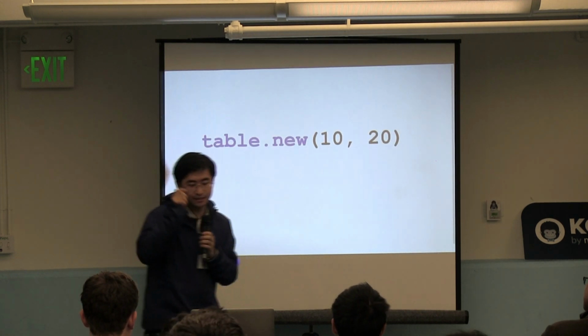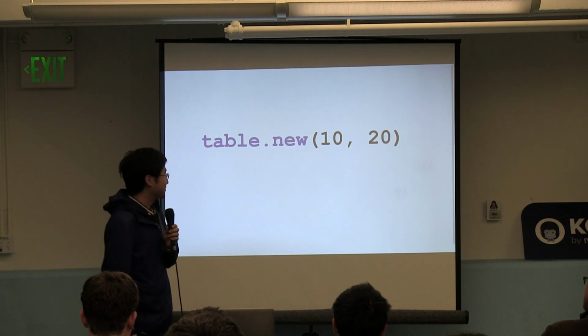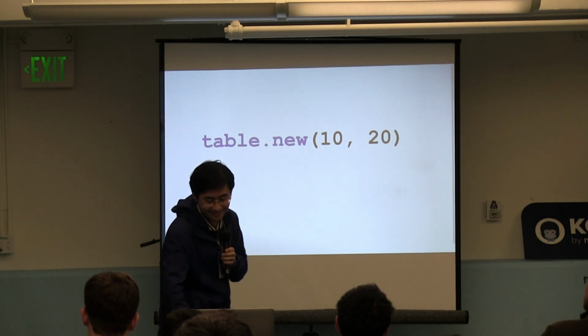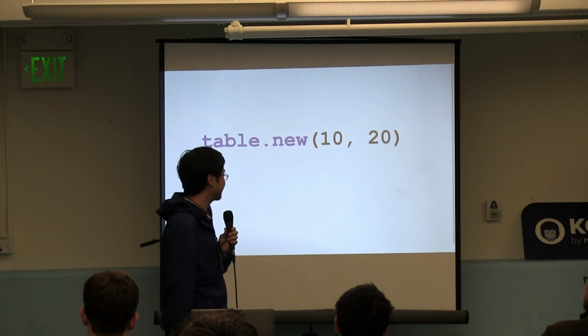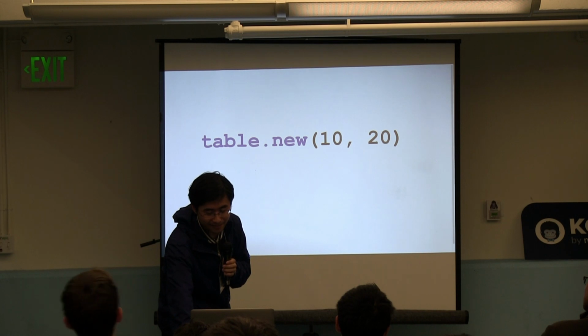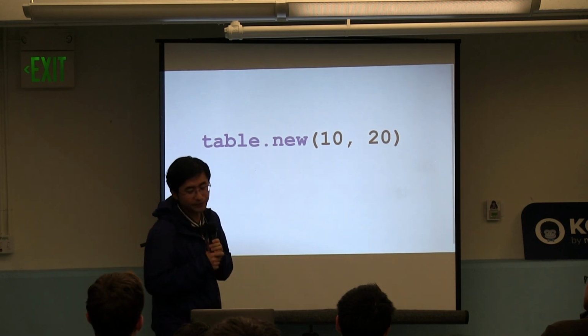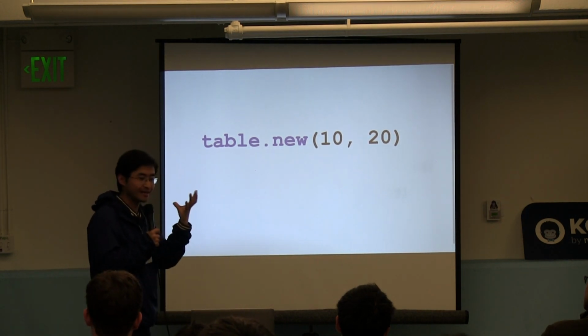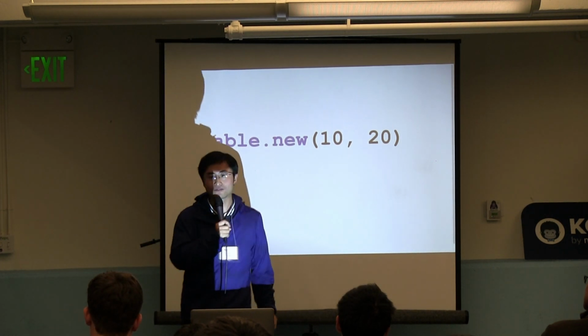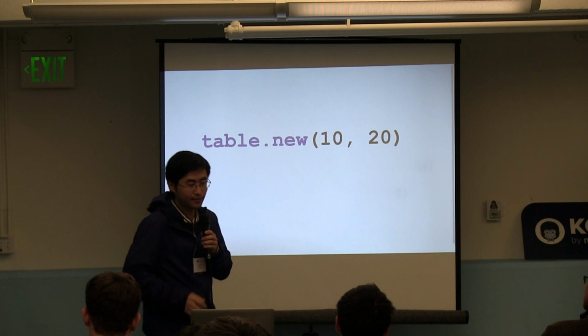So LuaJIT implements a table.new API. It's a new API, not in the standard Lua language, but it's LuaJIT's own baby. And I proposed this change to my fork, and we happily implemented that. So with table.new, you can avoid the initial resizing of the Lua table by specifying the initial sizes for the array part and the hash part of the table.